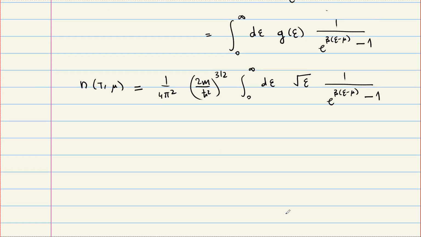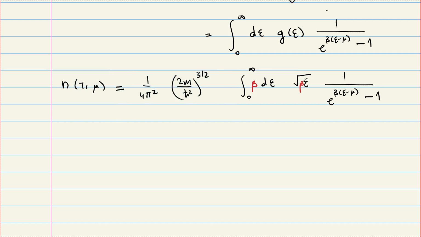And now I want to make this integral dimensionless. So this is beta, this is beta, and beta is 1 over kBT. So I'm going to write kBT times kBT to the power 3/2. Let me write kBT here. So red is where I multiplied and divided by the same factor.